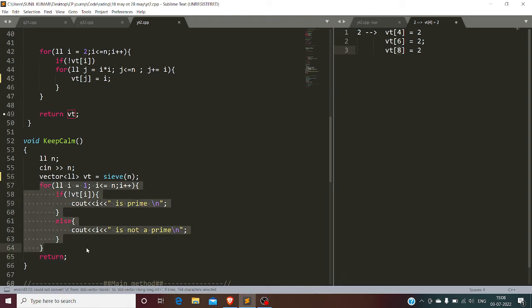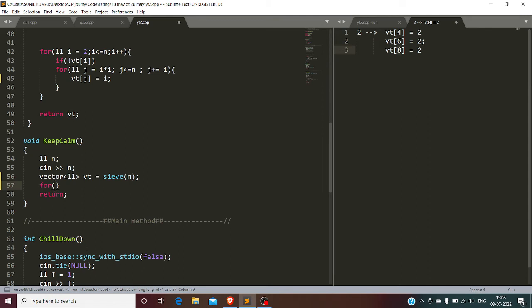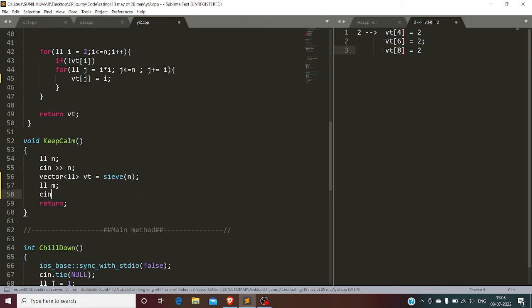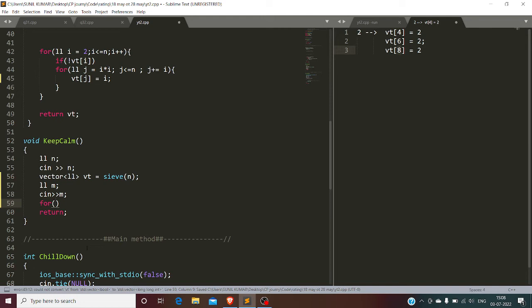I need to print the prime factorization of some given numbers in the 1 to n range. So first of all, I'm taking how many integers there are. For that we need to give m, then we need to give m integers to print their prime factorization, right?